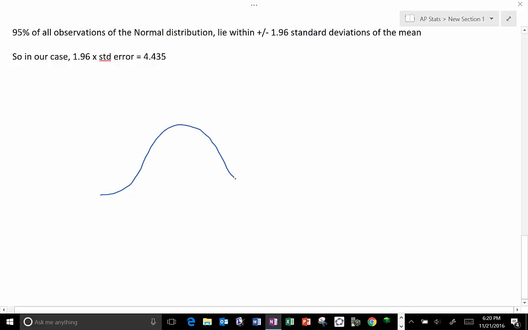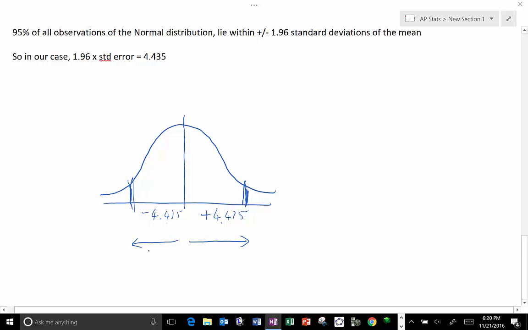That means whatever's going on with our population mean, we know that 95% of the values should lie within the true mean plus 4.435 and the true mean minus 4.435. 95% of all our observations should lie in this interval. This interval captures 95% of all observations.